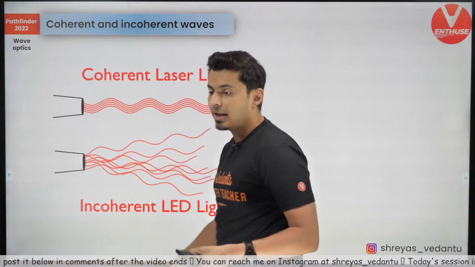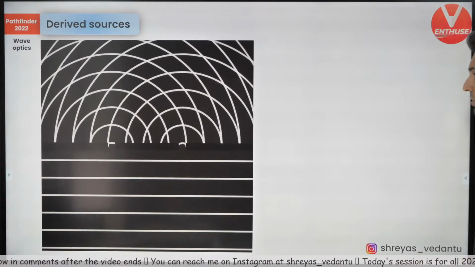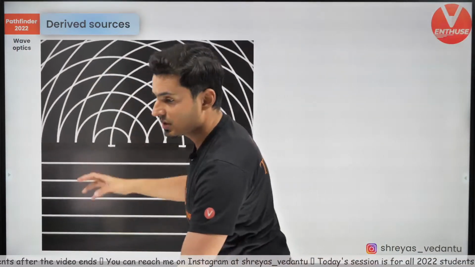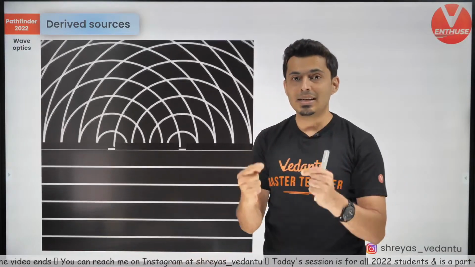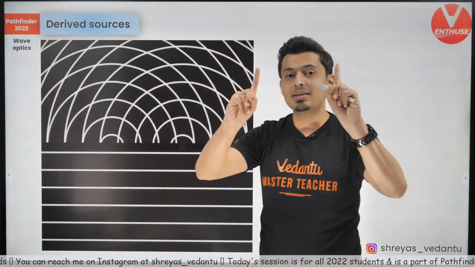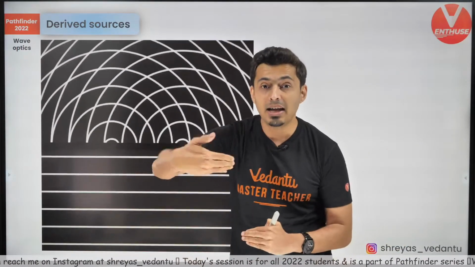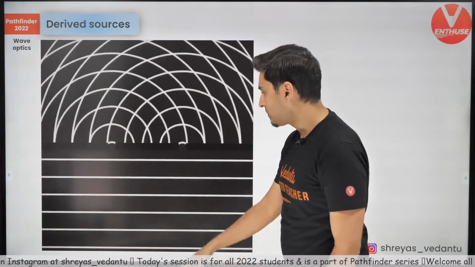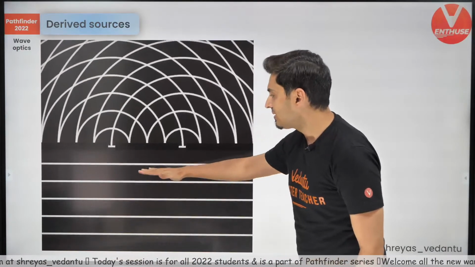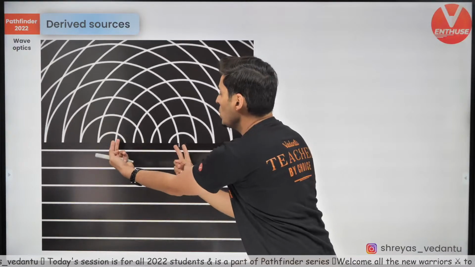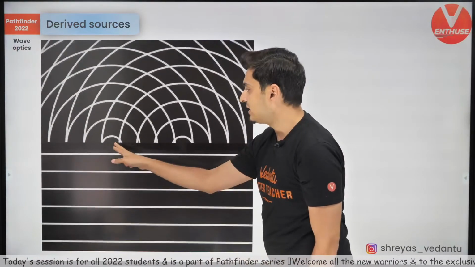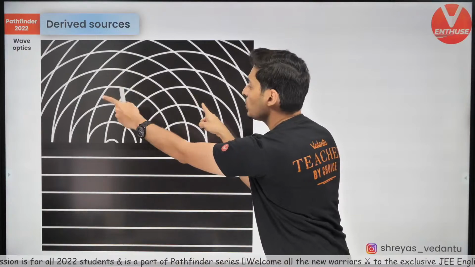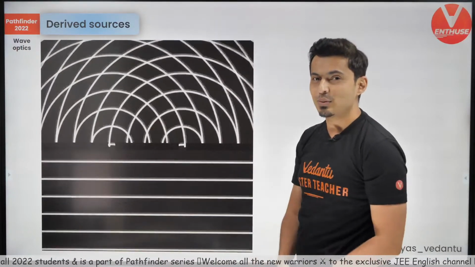There is another way of looking at coherent sources, and that is derived sources. Derived as in, it's coming out from the same singular source. It's derived from a primary source. Look at it. These are wavefronts. They are hitting two slits. You can see two slits over here and two new sources. These are secondary sources.